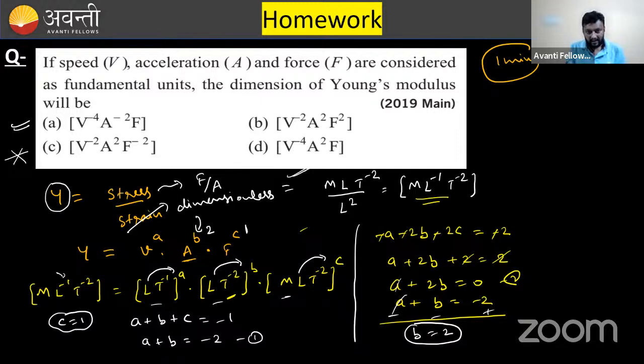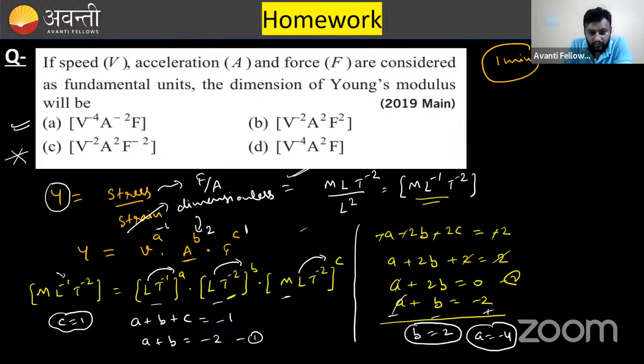Now, as far as I can see here, option D is going to be correct because we got two values. If you put the value of b anywhere, let's say in equation 2, I am putting the value of b, so a will be minus 4.